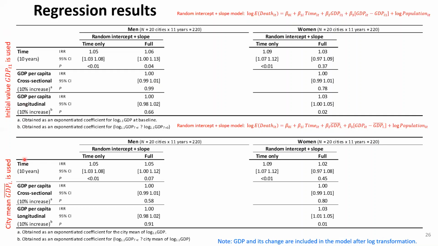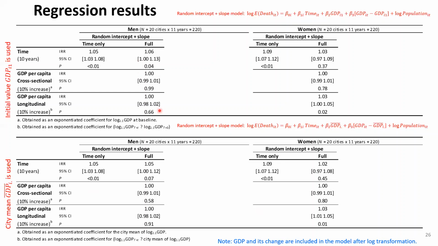The lower table shows the result when we use the city mean to partition GDP into cross-sectional and longitudinal components, for men and for women, when we include only time, and when we include time plus GDP.